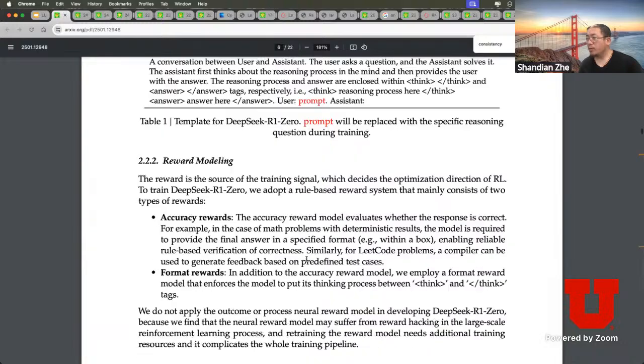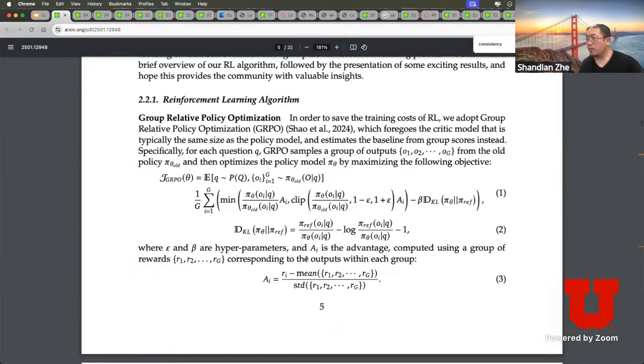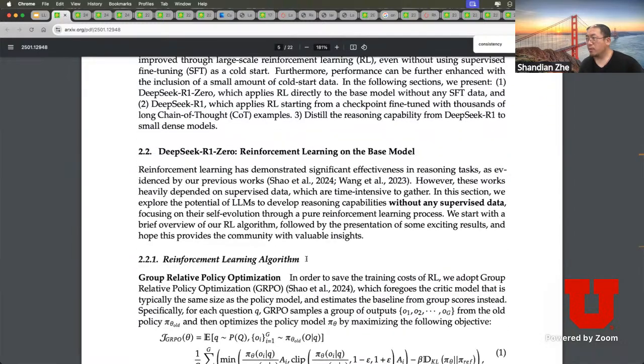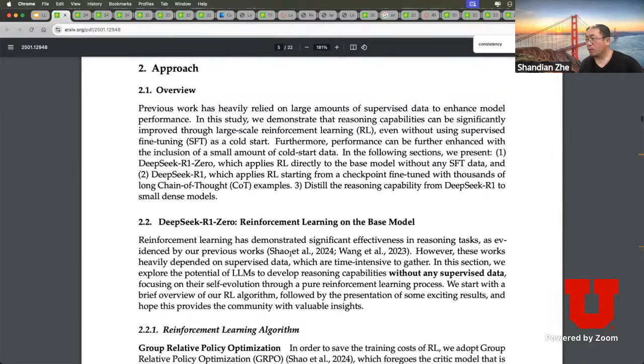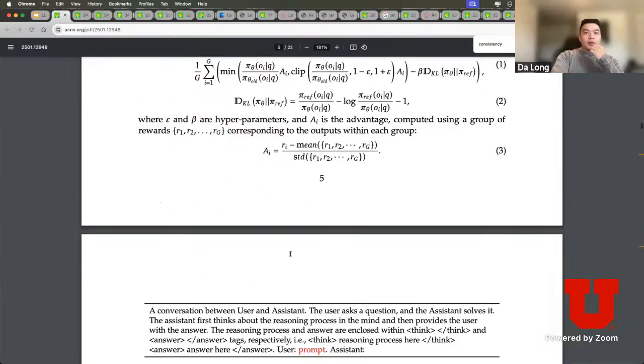Oh, they didn't mention that. Yeah, they didn't mention.